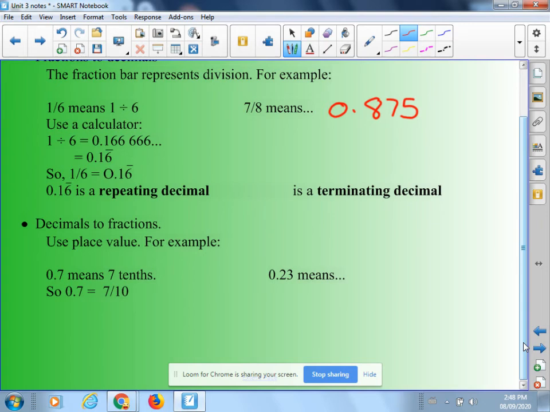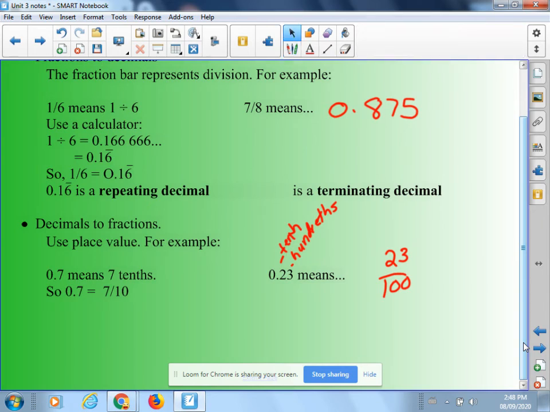If I look at 0.23, I know that 2 is a tenth, and the 3 is in the hundredth spot, which means I'm going to put it out of 100, and it is going to become 23 out of 100. Okay, so we look at place values to create fractions from decimals.